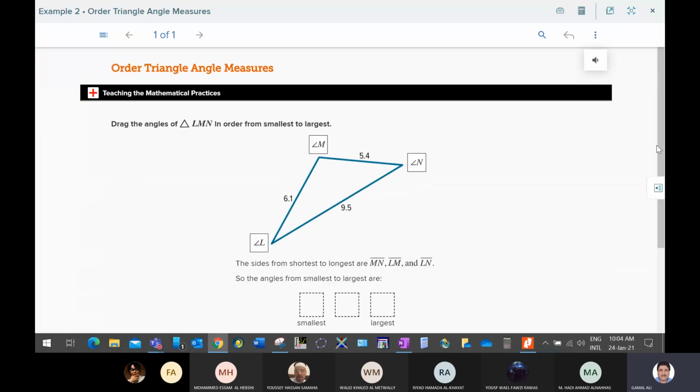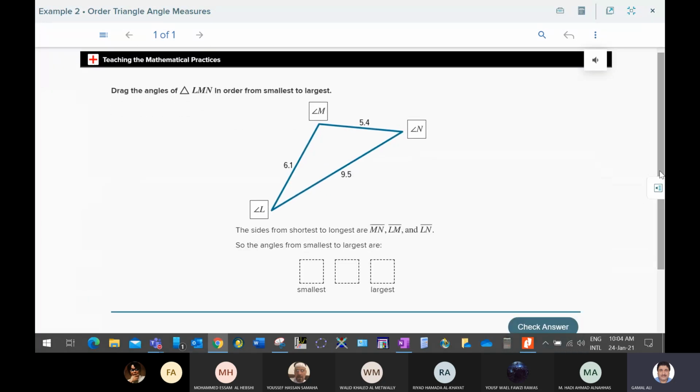Look, Kareem. Here, he needs you to arrange the angles from smallest to largest. How can you arrange them? You don't have any measure of any angle. So what should I do? You have to arrange them according to the order of the sides.